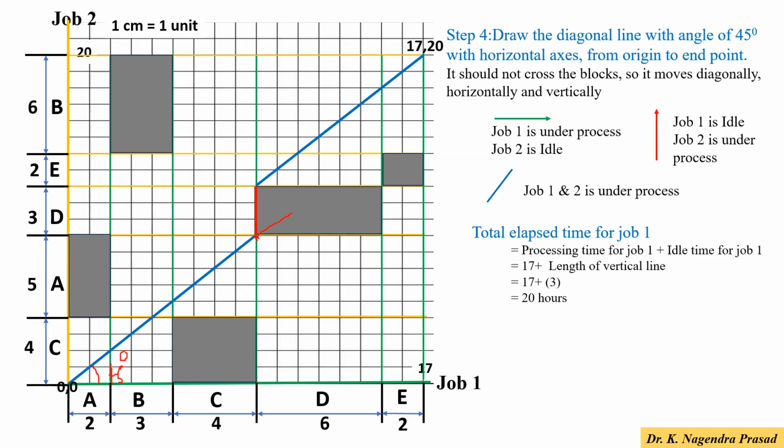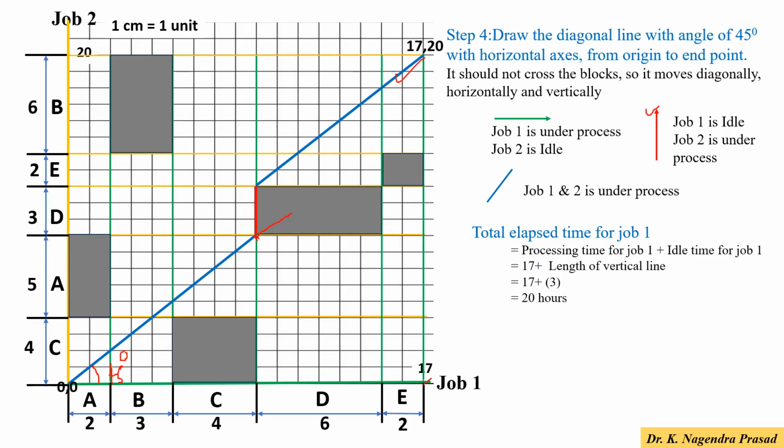Now we have to calculate the total elapsed time for job 1. So total elapsed time for job 1 is the processing time for job 1 plus idle time for job 1. In the data it is given that the machining time or processing time for job 1 is 17 hours. And idle time for job 1 is calculated by this line. Here, if the line is in the vertical position, it represents the idle time of job 1.